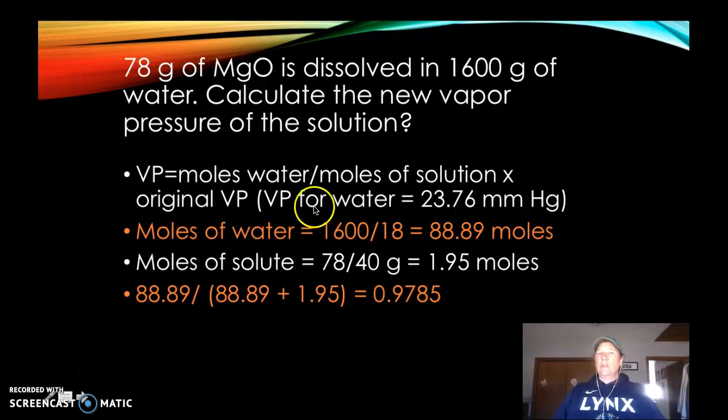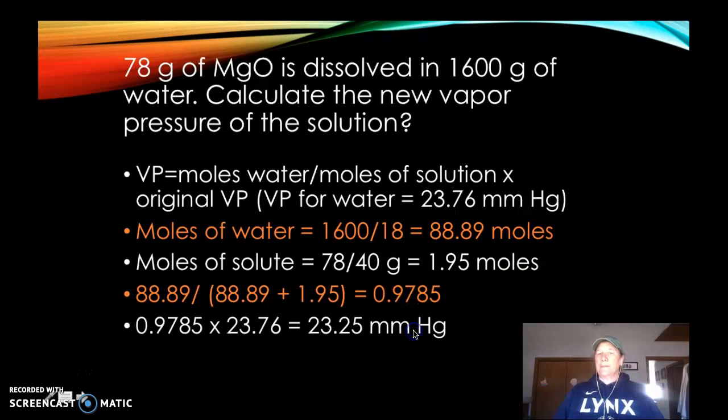Now you're going to take your original vapor pressure, 23.76, and multiply by that number. So it's going to lower the vapor pressure from 23.76 to 23.25. Again, the thing that people do most often is they take this number divided by this number. That's not the case. It's the moles of your solvent divided by the moles of your solution.